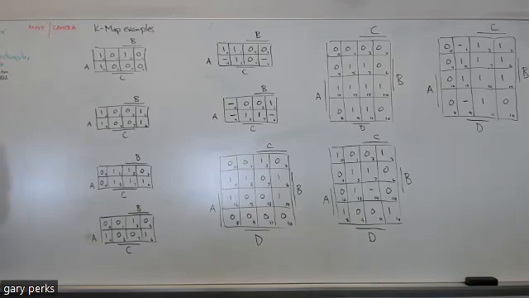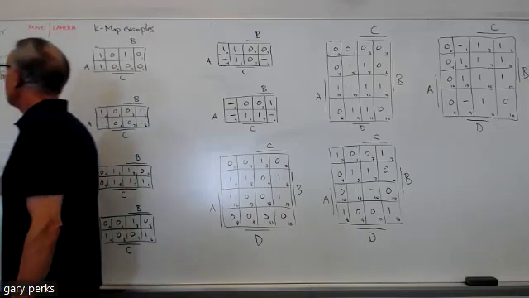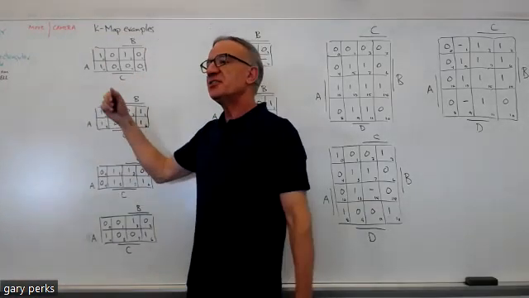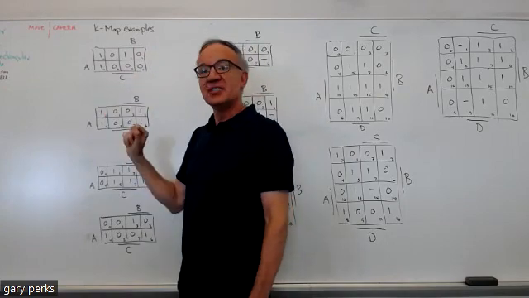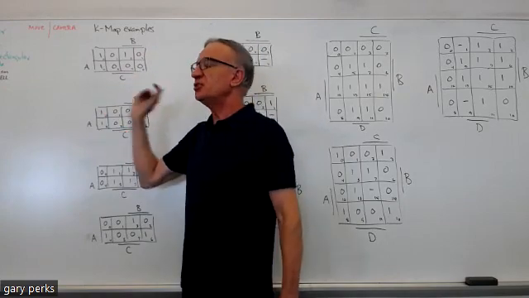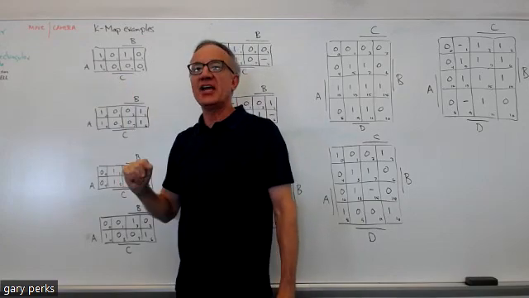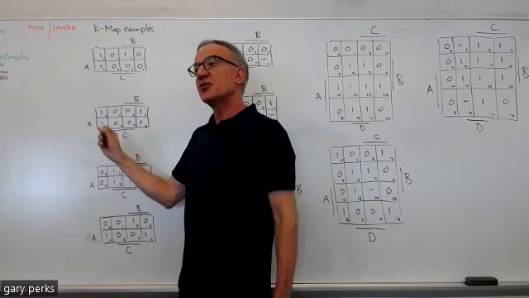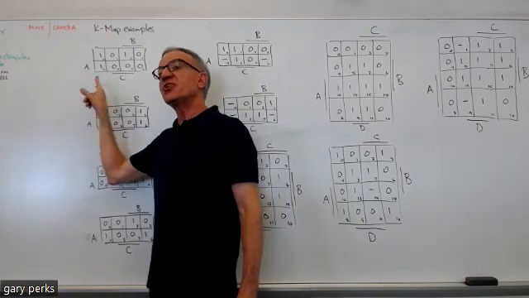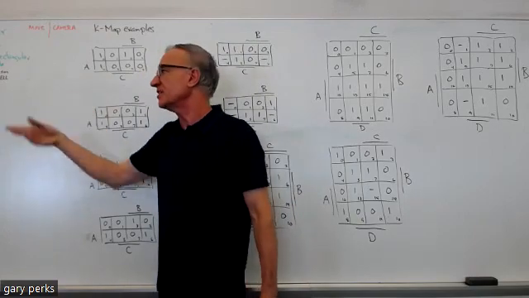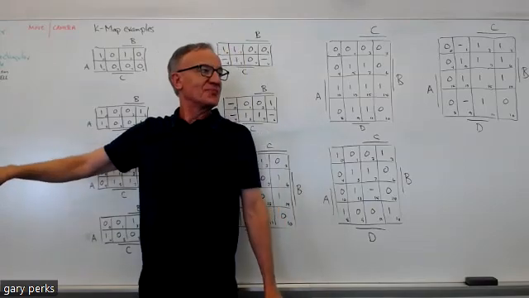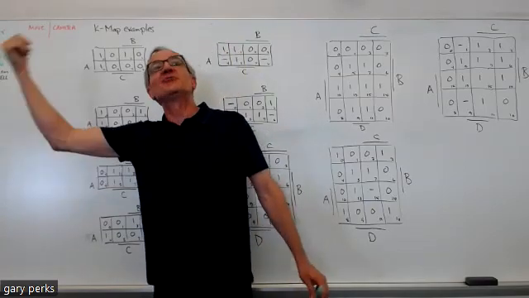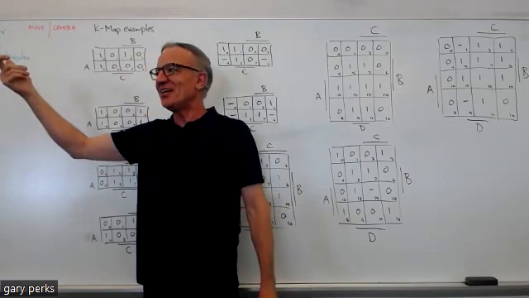So that's what we did in the non-reduced case from the truth table. Well, from a K-map, if I want the reduced SOP for F, I circle ones. If I want the reduced POS for F, I circle zeros to get the reduced SOP for not F, and then I just do De Morgan's twice again, just like in the non-reduced case. But now you get the reduced POS, because I started with the reduced SOP for not F.